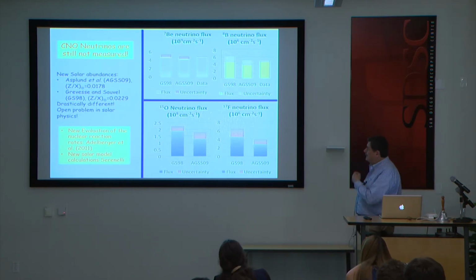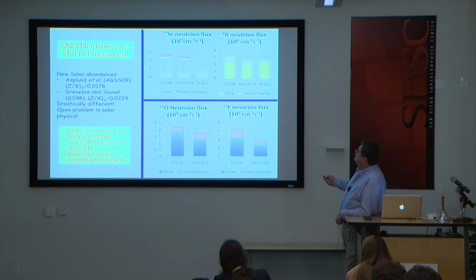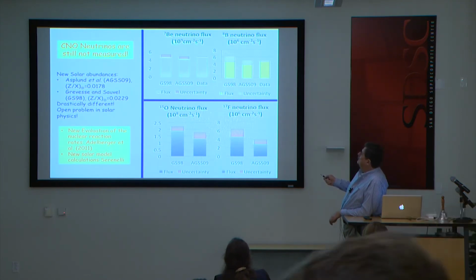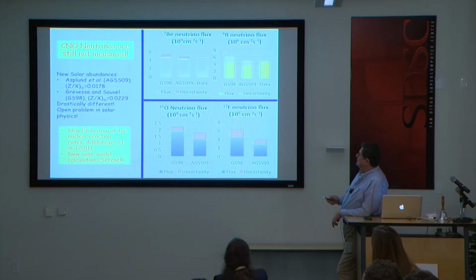And what's being plotted here is the beryllium-7 neutrino flux in units of 10^9 per centimeter squared per second for the old model of the sun. These are the values calculated using the new abundances as compared to data. And these shaded areas are the errors.